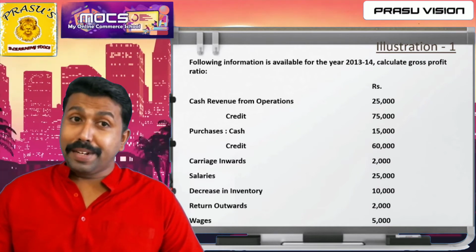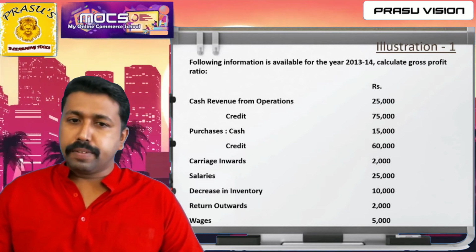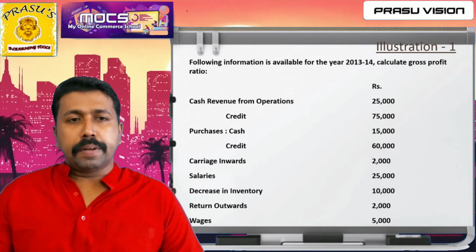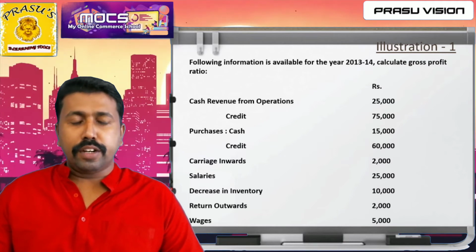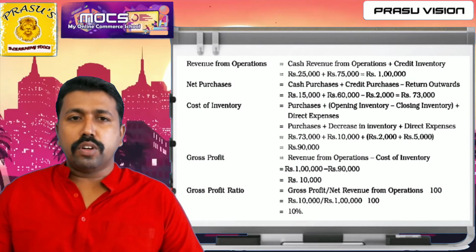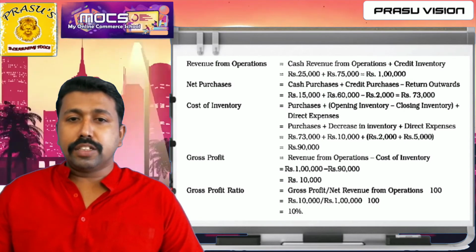I think you remember the way of preparing a trading account to calculate the value of gross profit. And remember, revenue from operation is the total of cash revenue and credit revenue. We have to find that. So use the equations to find the values of different items. We have to calculate the revenue from operation first.